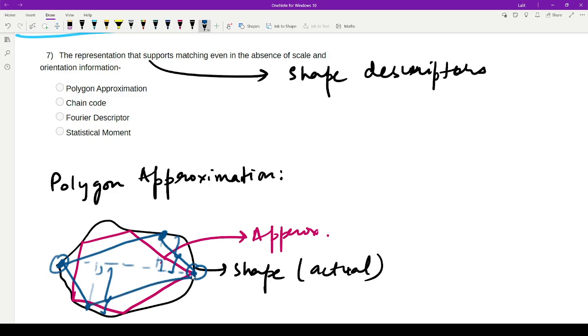It's the best way to do. Take the maximum extreme endpoints, take perpendicular bisectors, then see where it intersects the object, and then fit a rectangle out there. This would be the polygon approximation. This is some other approximation. It's also a polygon, but not the best one. This is polygon approximation with a rectangle.